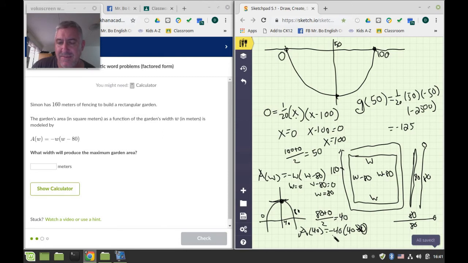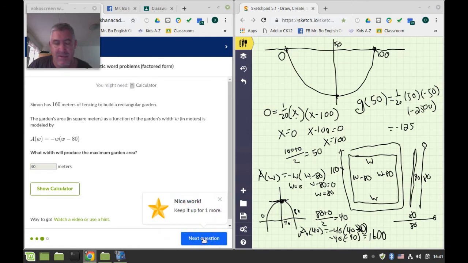Negative 40 times negative 40 is equal to 1600. So our maximum garden area is 1600, but that's not our answer. The answer is what width will produce the maximum garden area, and that width is 40.